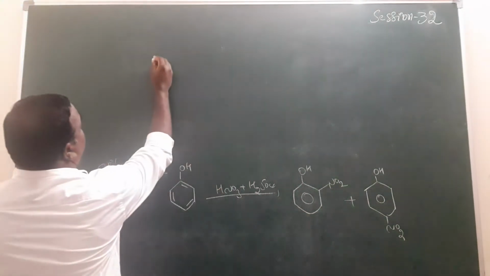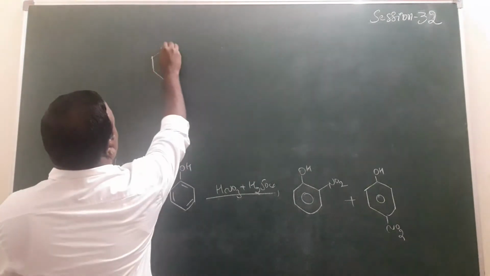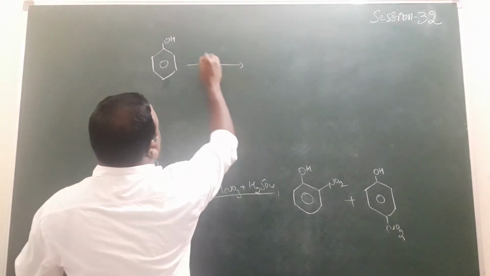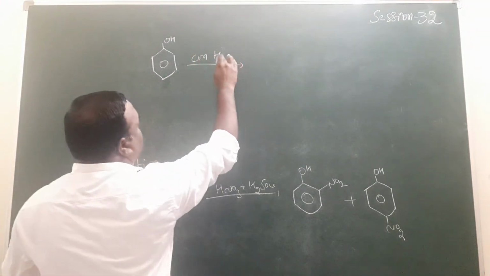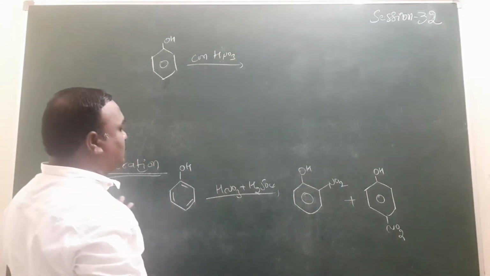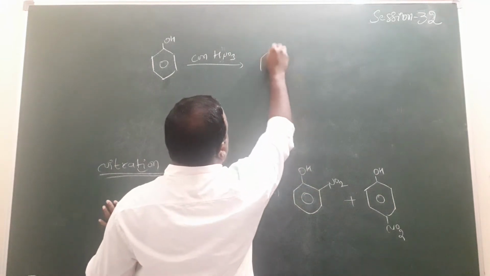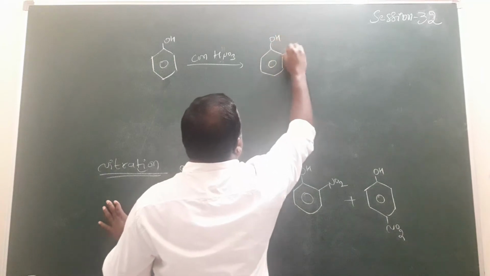again the phenol compound is given. That phenol compound reacts with concentrated HNO3. You remember, with highly concentrated HNO3, trinitrophenol is formed here.